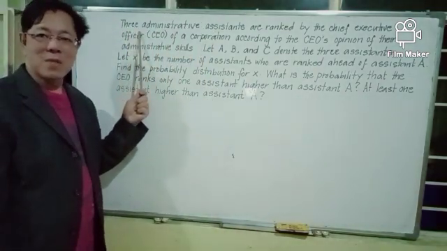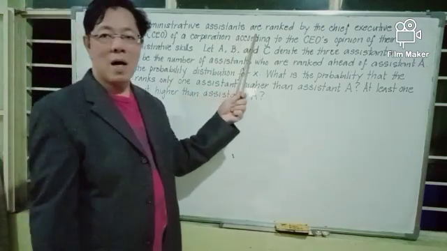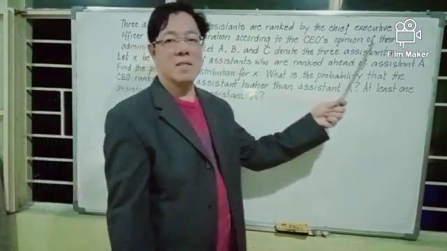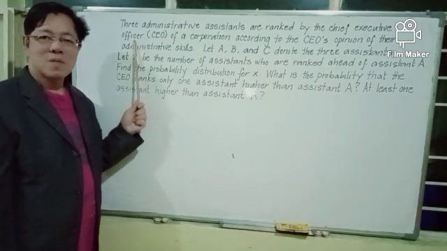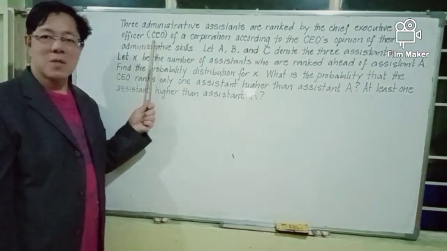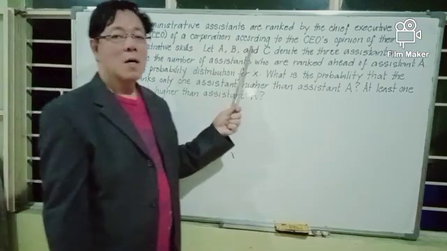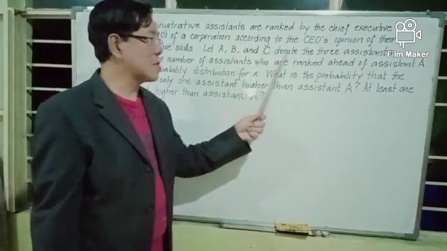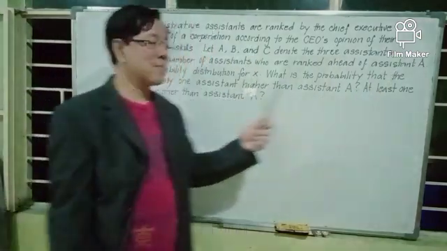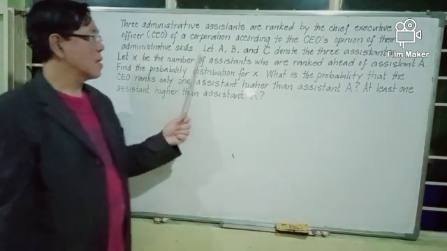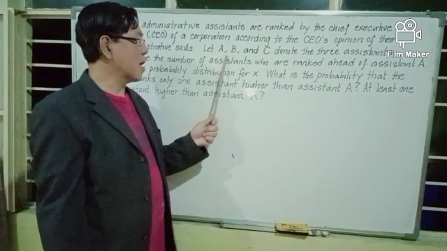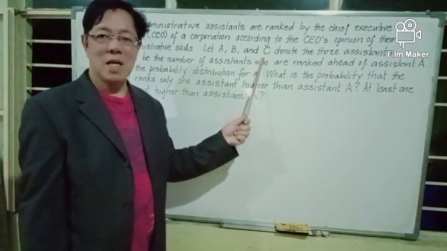Three administrative assistants are ranked by the Chief Executive Officer, or CEO, of a corporation according to the CEO's opinion of their administrative skills. Let capital letters A, B, C denote the three assistants.